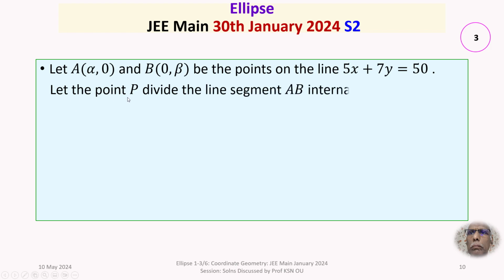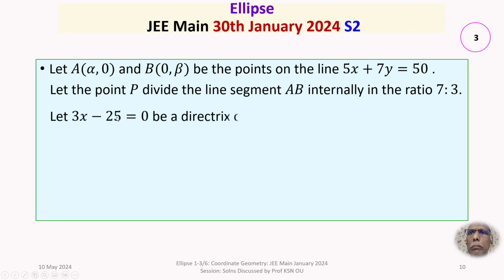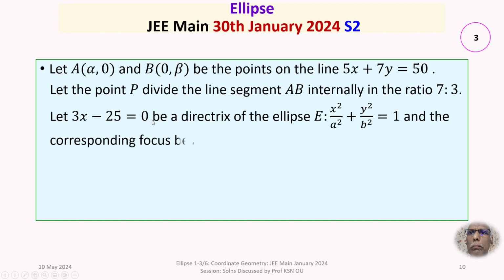Let the point capital P divide the line segment AB internally in the ratio 7:3. Let 3x minus 25 is equal to 0 be the directrix of the ellipse E.